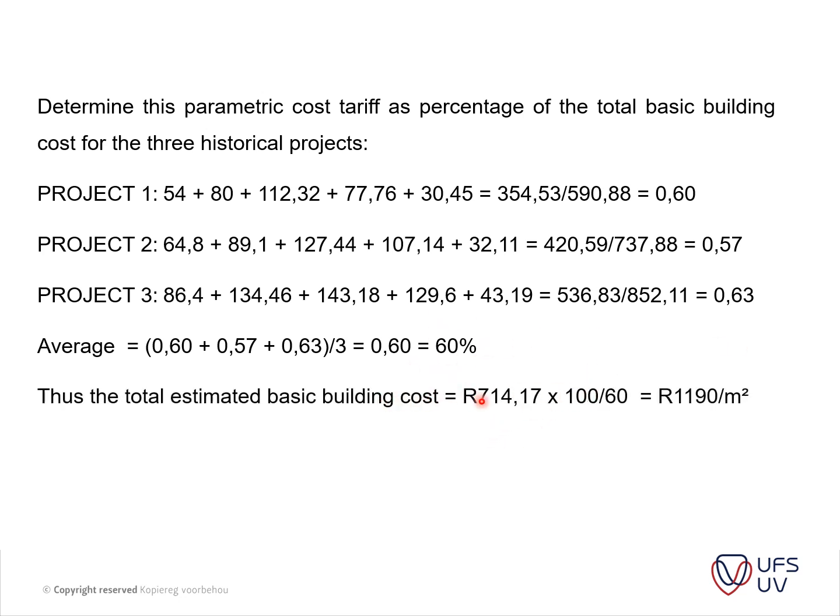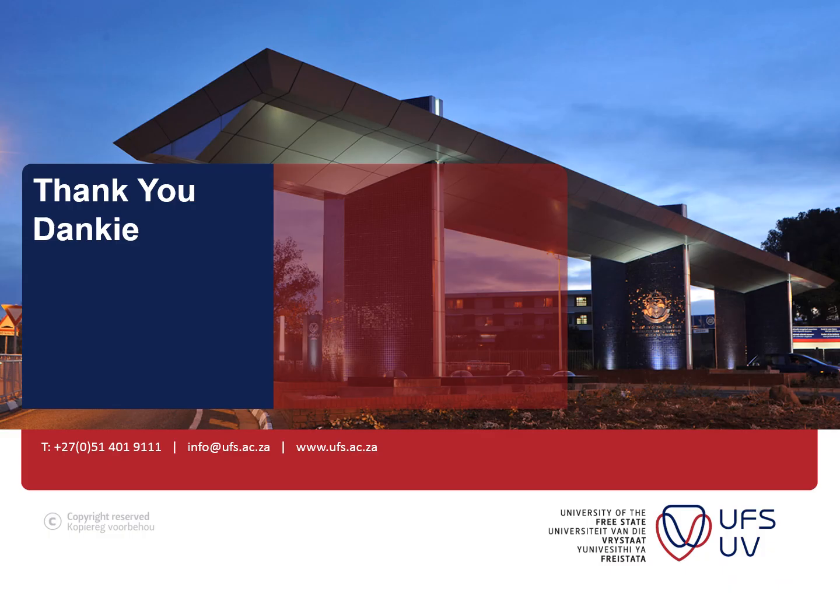You then multiply the square meter rate that you already calculated, you extrapolate that to derive your final basic rate per square meter. Okay, so you can see this is still just the basic one. You still need to add all of your additional costs to it.